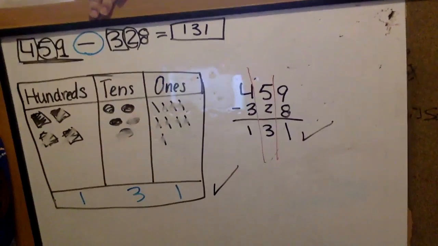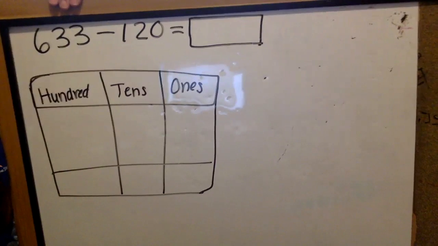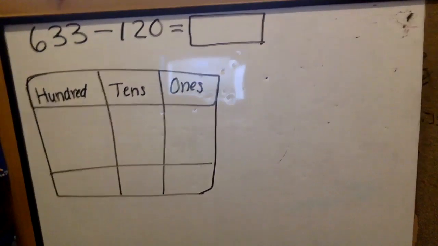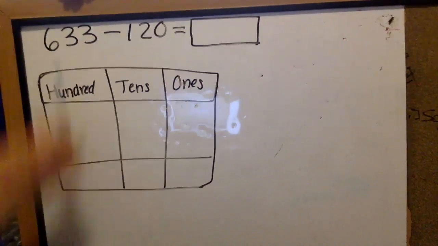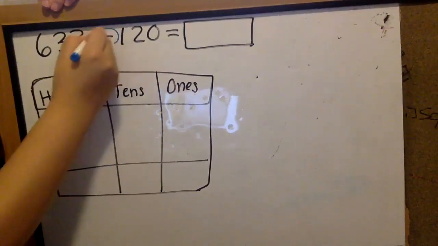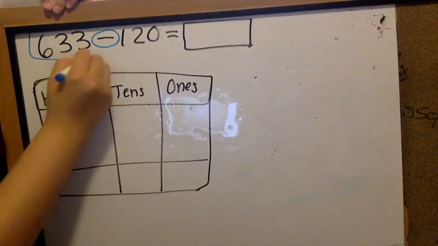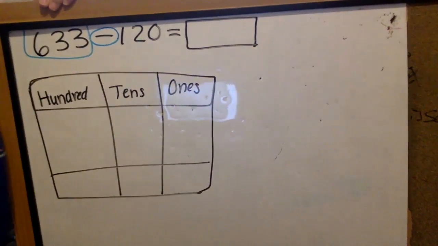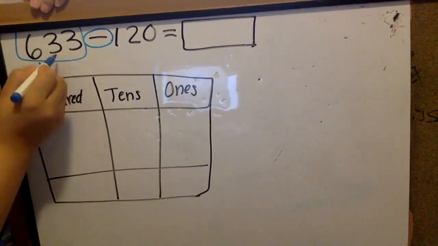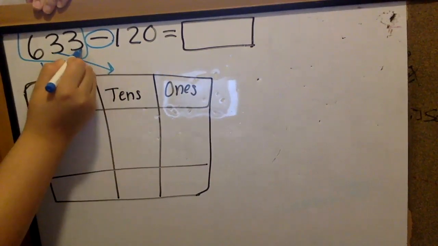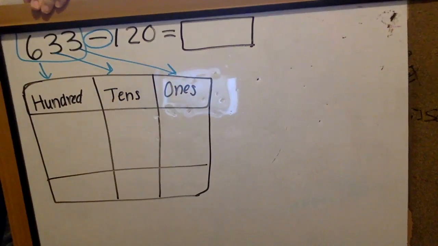We're going to go ahead and try one more example. In this one, we are going to be subtracting 120 from 633. So remember, always circle. Remember that we are subtracting and that our bigger number is 633. So we have 600, we have 3 tens, and we have 3 ones.